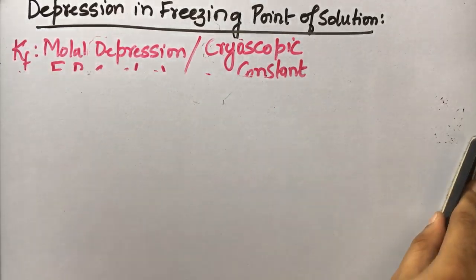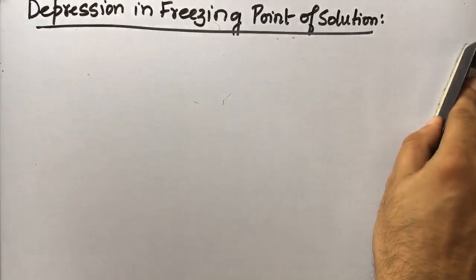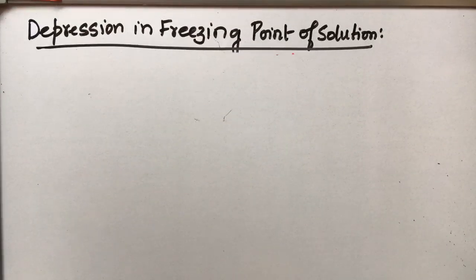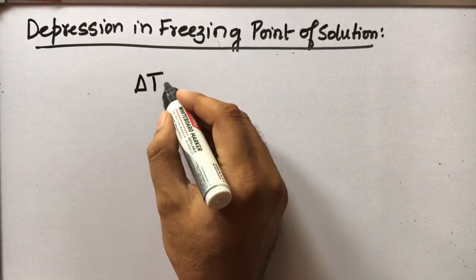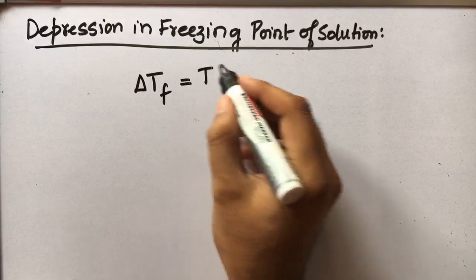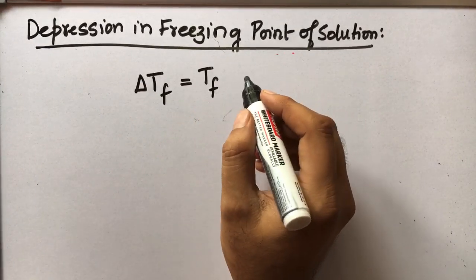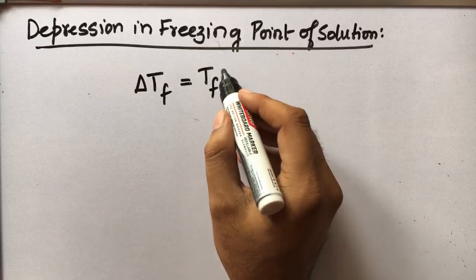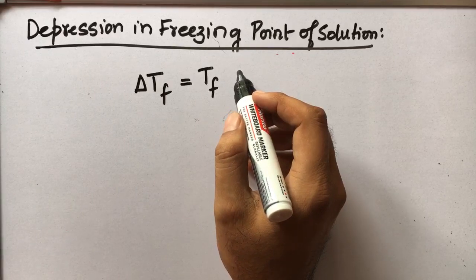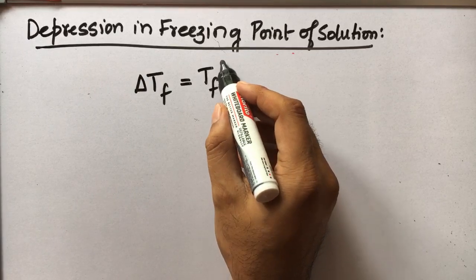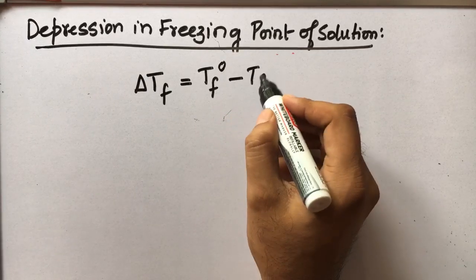So now tell me, students, what are the important formulas that you need to remember under this heading, depression in freezing point? Delta Tf is equal to Tf naught, we know the freezing point of the solvent is more, minus Tf.